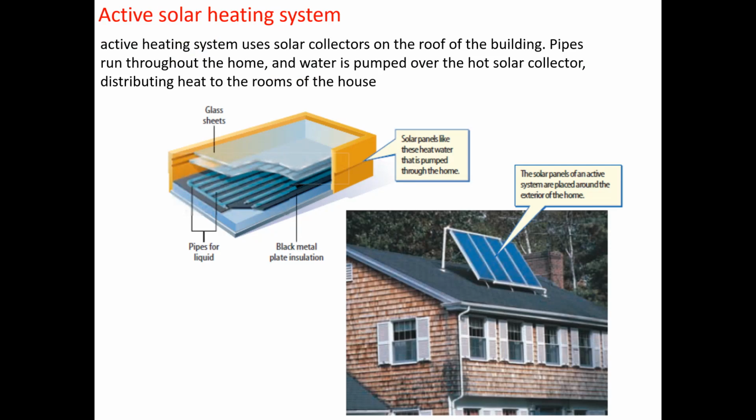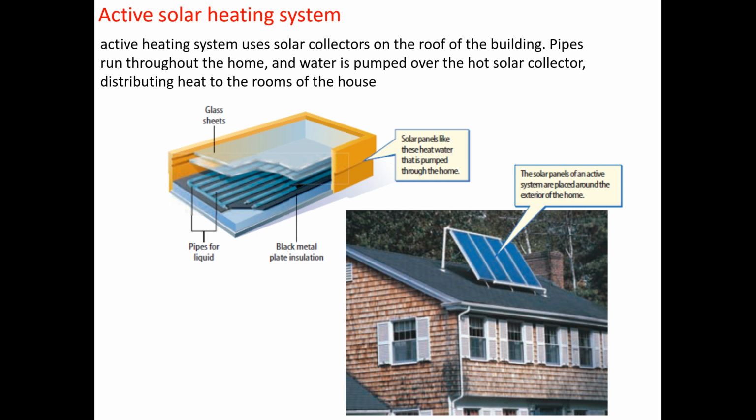Yes, active solar heating system. Active heating systems use solar collectors on the roof of the building. Pipes run throughout the home and water is pumped over the hot solar collector, distributing heat to the rooms of the house.